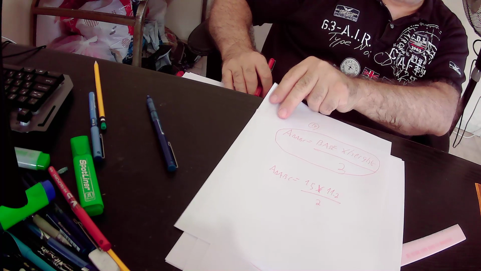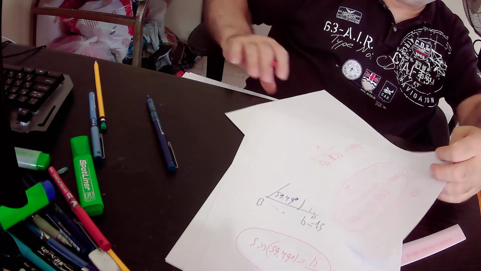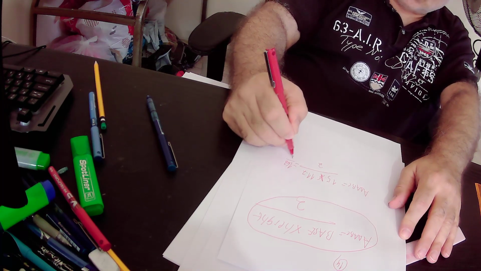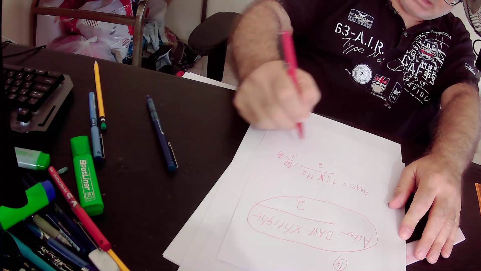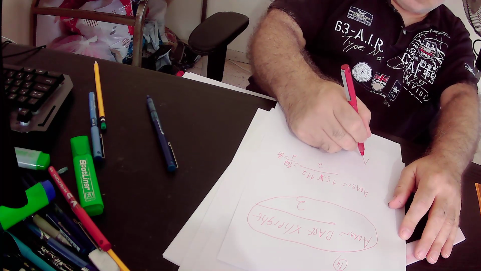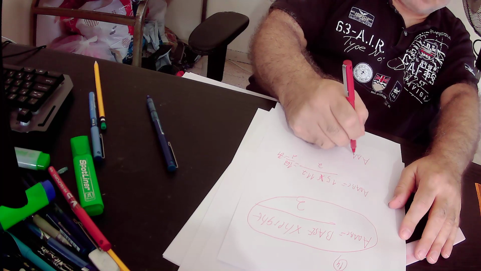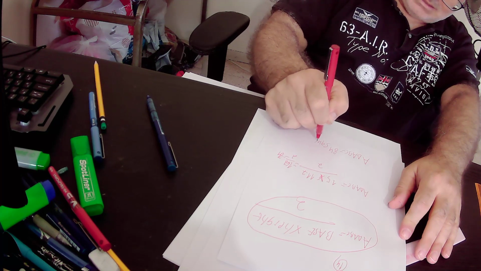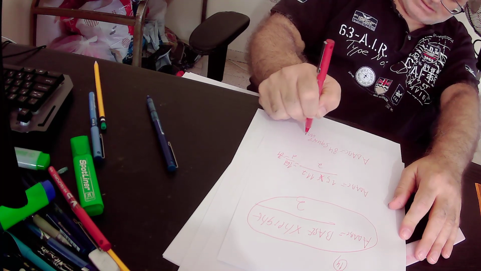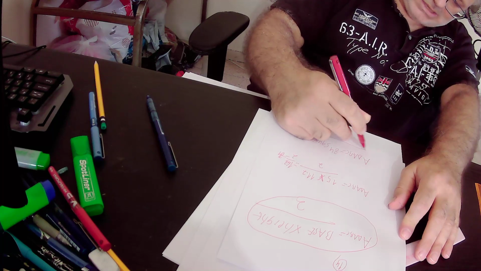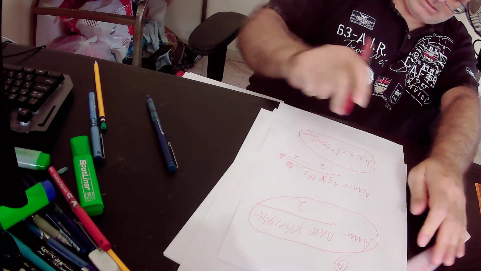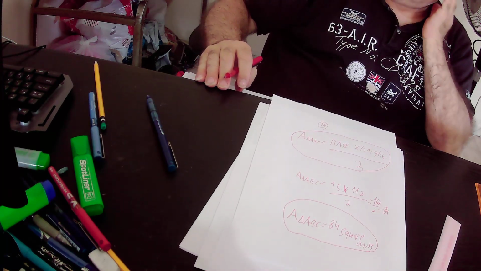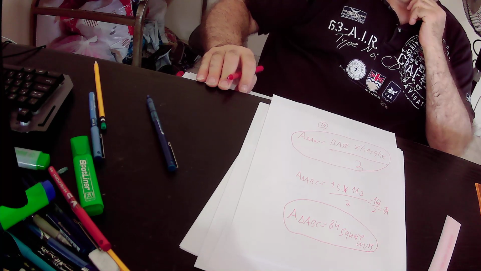And 15 times 11.2 is 168, 168 over 2 is 84. So we found out in the second way that the area of triangle ABC equals 84 square units.